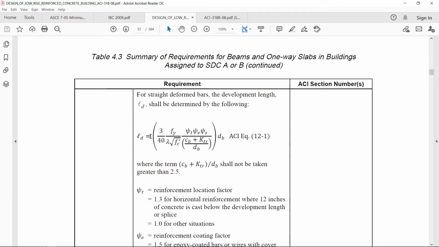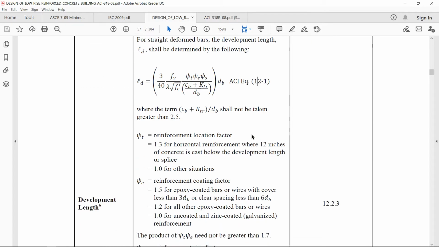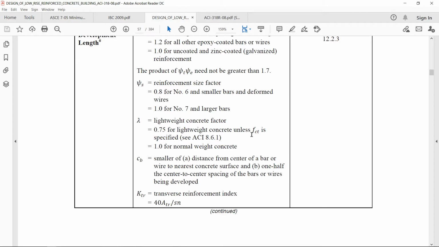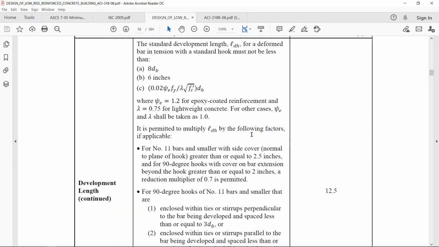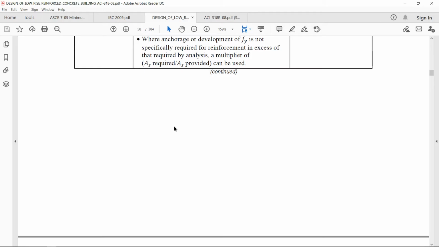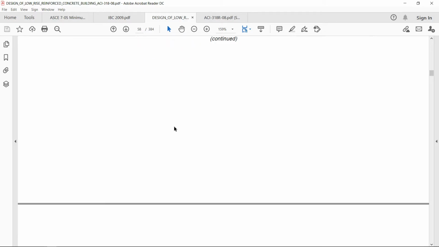And then a very important thing is the lap length. As per equation 12.1, you must provide proper and adequate lap length. So do not forget to check this. This is a special requirement. Then development length is there. All these conditions you have to check as per the code and standard.